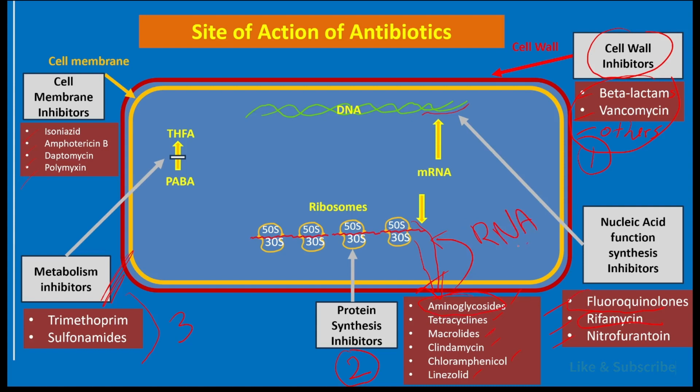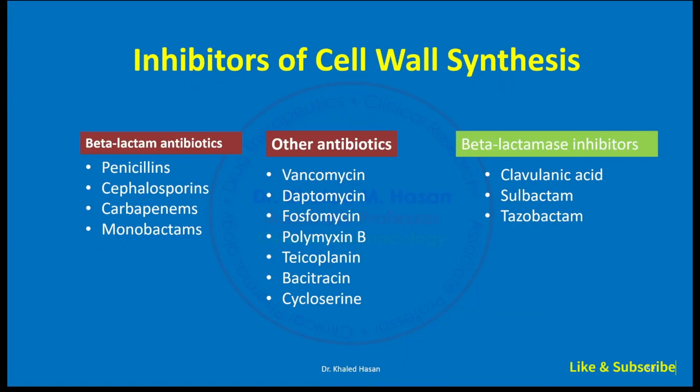Tetracycline works on the RNA protein, but we need to remember which subtype, 50S or 30S subunit. We are going to discuss that later on. Okay, now we already covered the main categories by listing the groups of medication according to the site of action: cell wall, protein, nucleic acid, and so on.